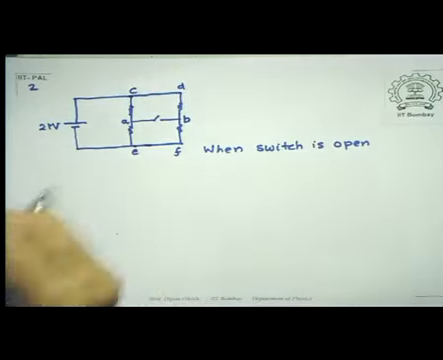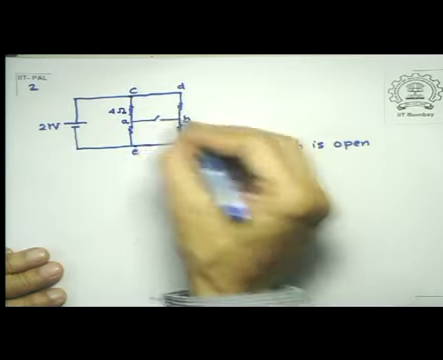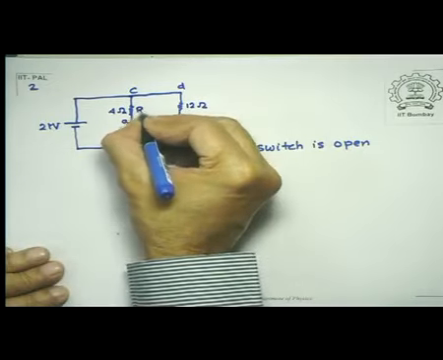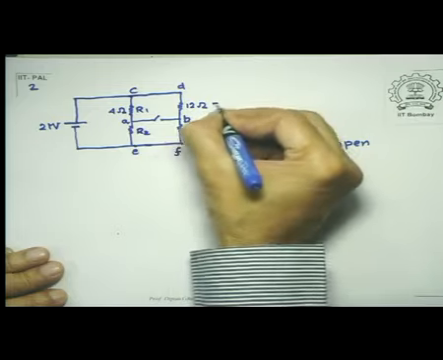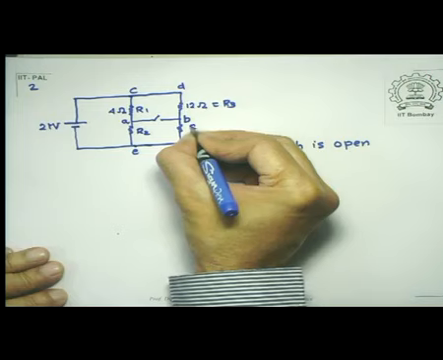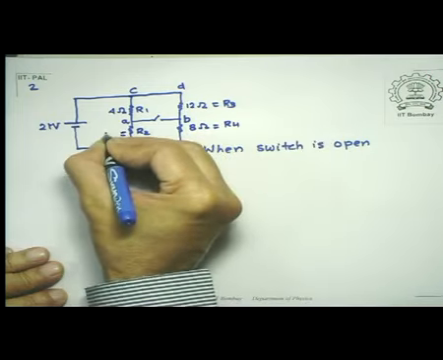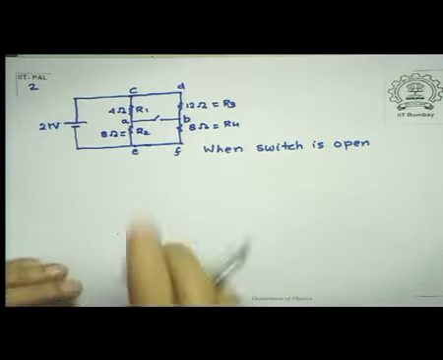We are given some numbers to represent so this was 4 ohms, this was 12 ohms. So I call this R1, call this R2, and this is R3, and this is R4. So R4 was 8 ohms, and R2 was also 8 ohms. Let's look at what happened there.